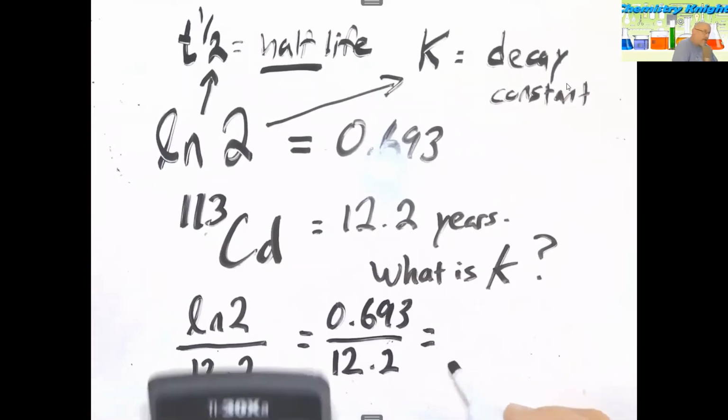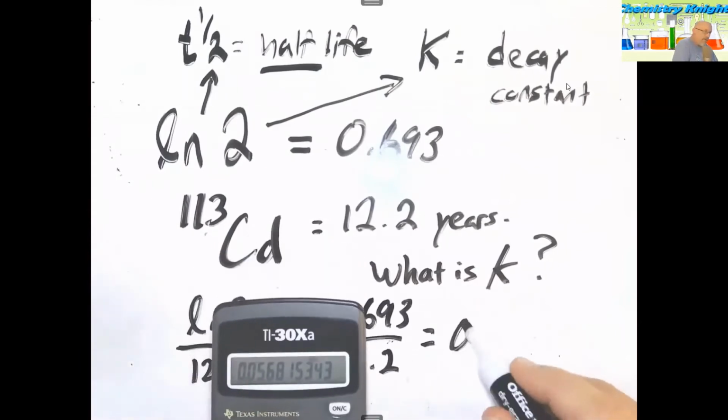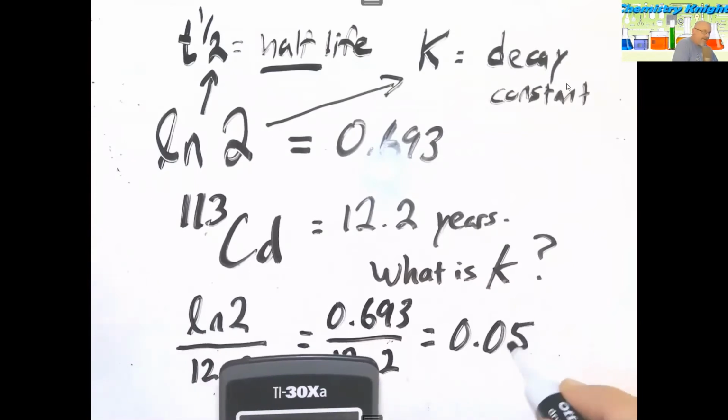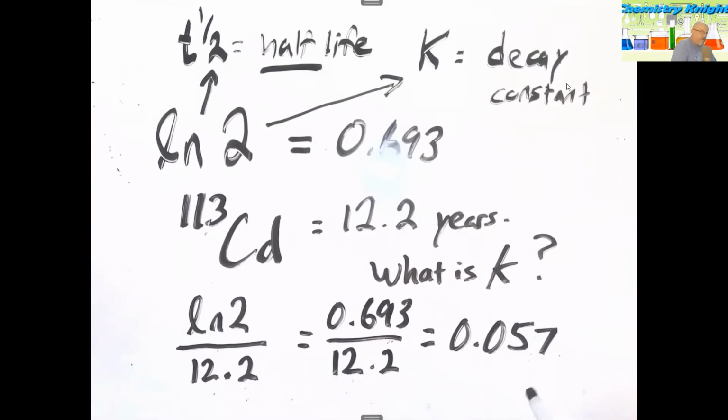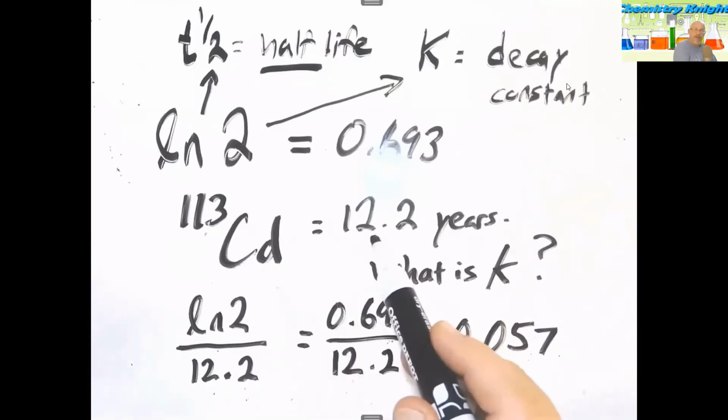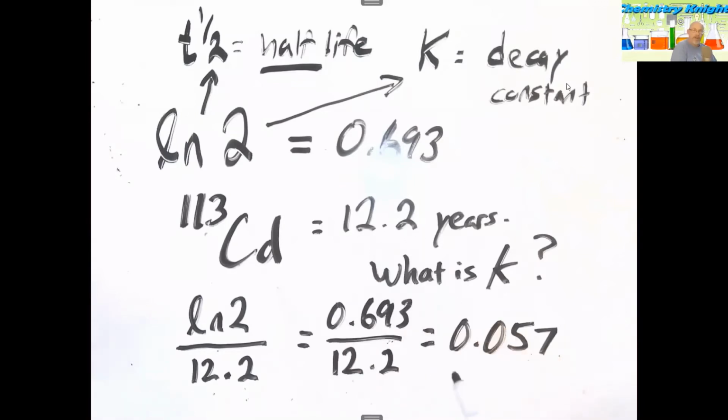And when we do that, we get this number, 0.057. What's this number? Is there a unit with this number? Turns out the decay constant is unitless. It's just a number. But that's how you would find K. If you're given the half-life for a given isotope, 12.2 years, you can figure that out right here.